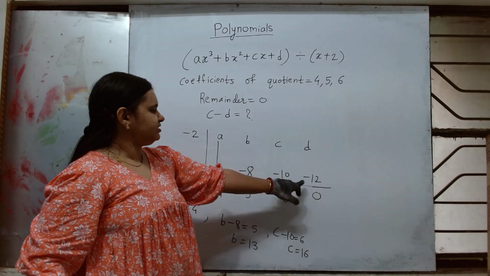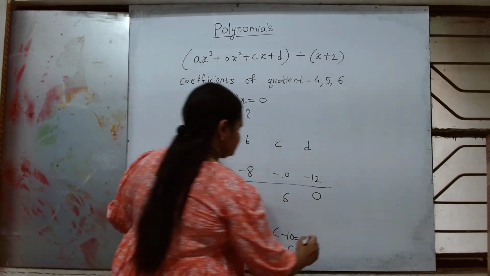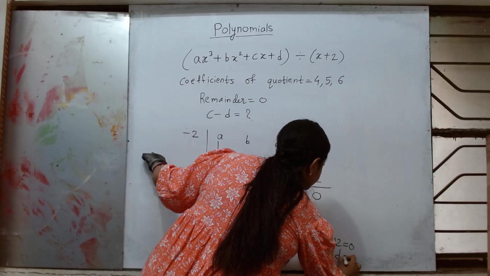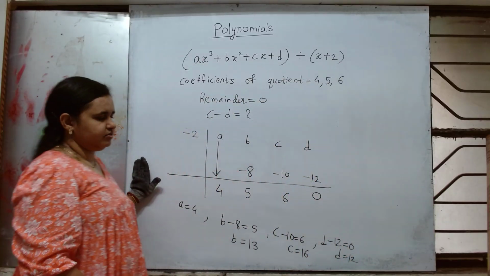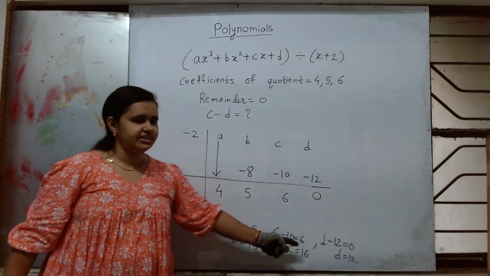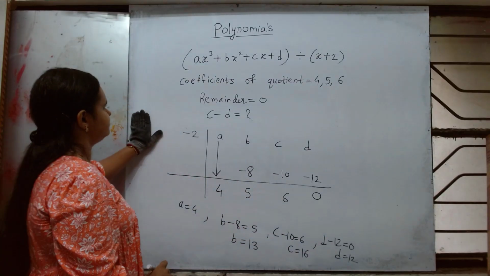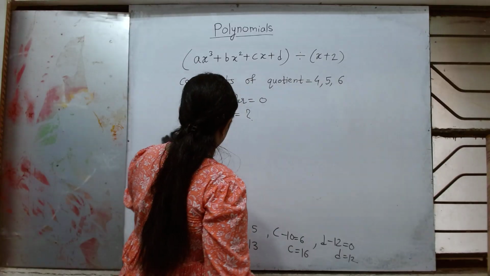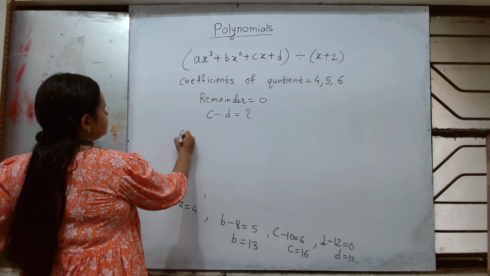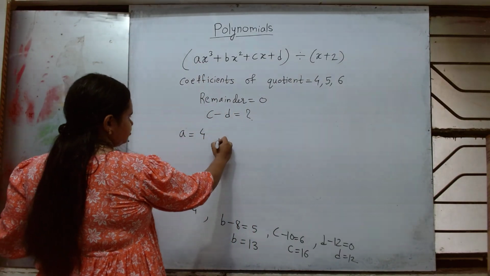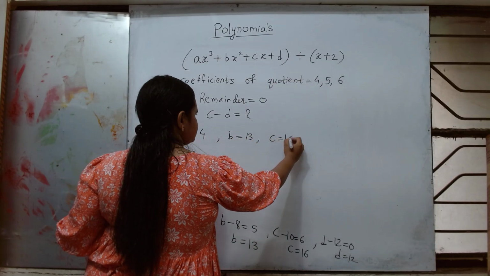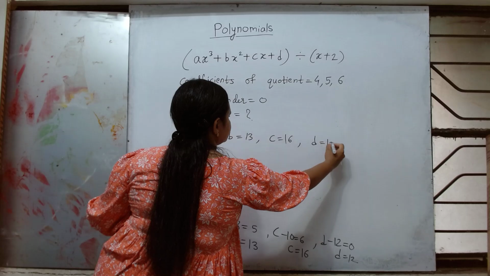So d minus 12 is equals to 0. So d will be equals to 12. We have got the values 4, 13, 16 and 12. We got the values as a is equals to 4, b is equals to 13, c is equals to 16 and d is equals to 12.